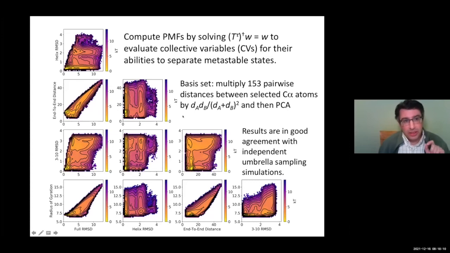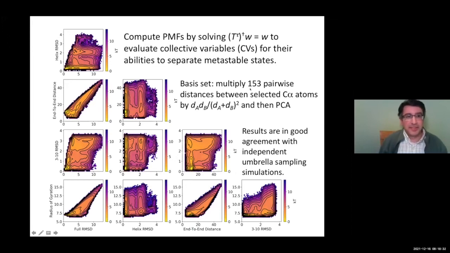So to apply the procedure, we have to choose a basis set. I could choose a basis set of indicator functions. That would be the typical Markov state model states. Here, actually, what we're doing is we're choosing pairwise distances. So we have the freedom to choose a continuous function.